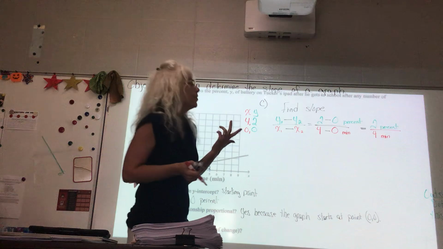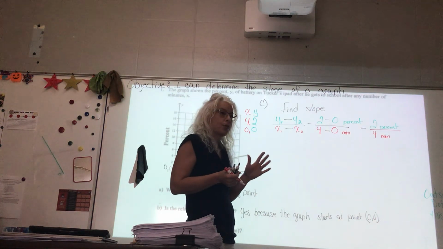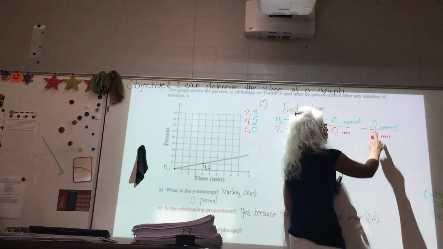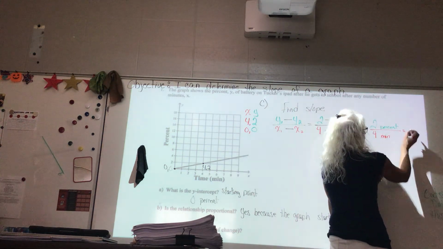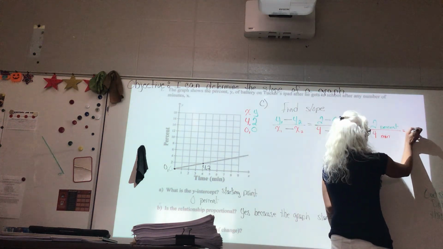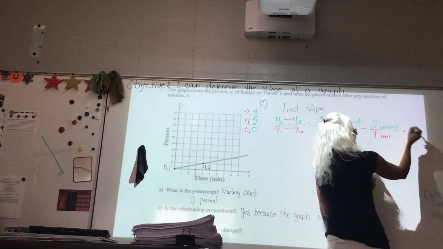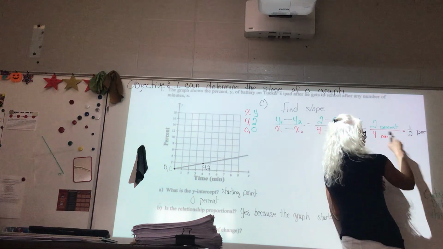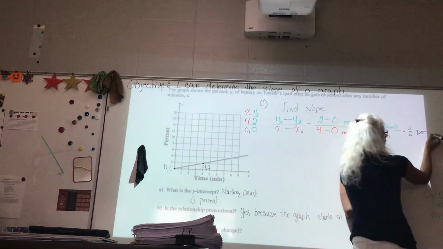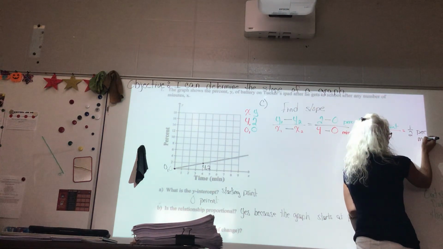Yes. So we're gonna change this to our slope, or that rate of change, so 2 divided by 4 is 1/2% per, because this line means per, minute.